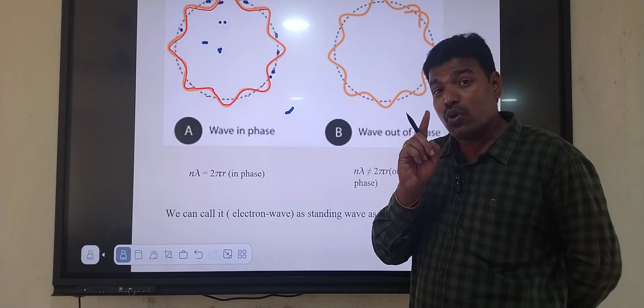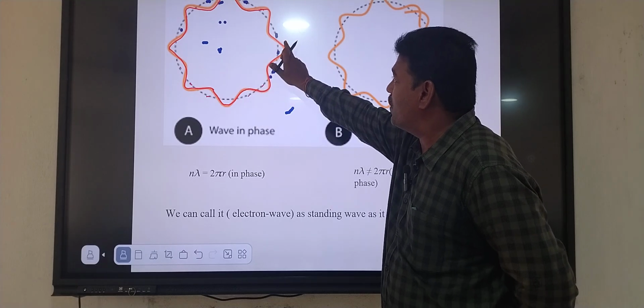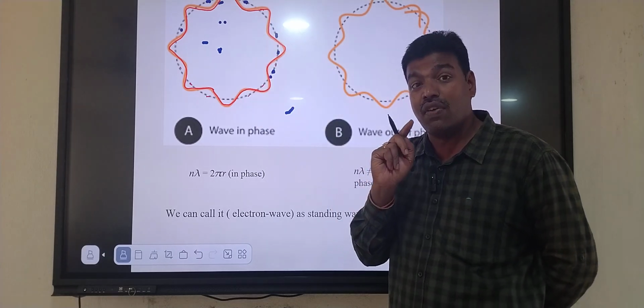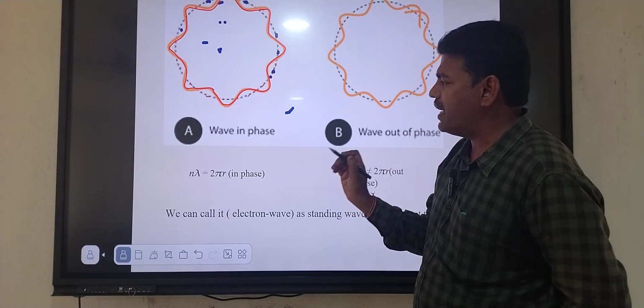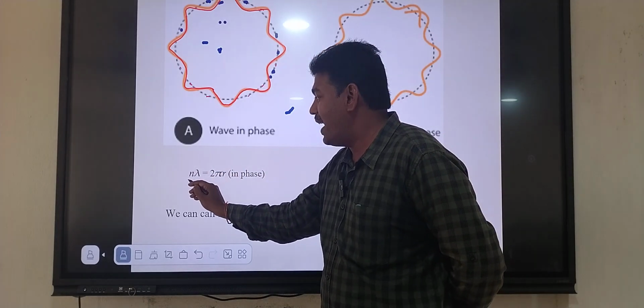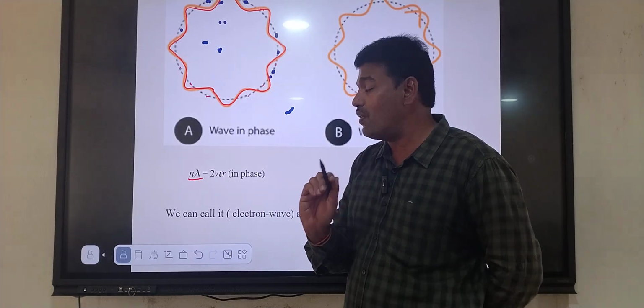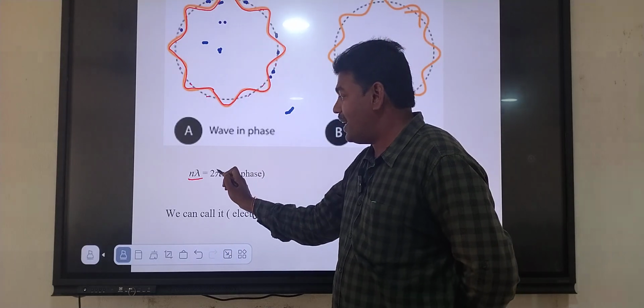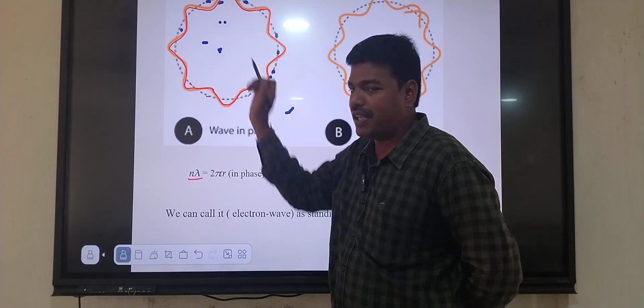And de Broglie argued that the length of the electron wave, n lambda, is equal to the circumference of this circular orbit.